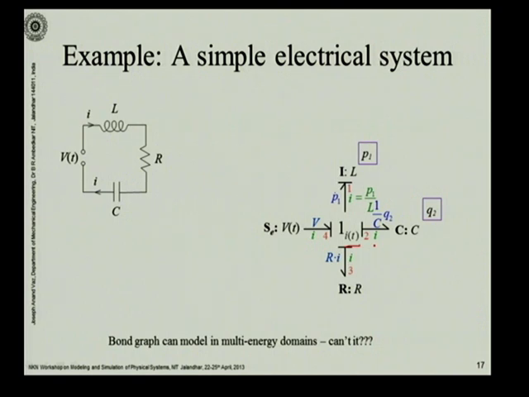It's something like that. So in bond graph also, you have the same alphabet, you have the same elements, you have the same power bond, and you are able to model in different energy domains. We have just taken representative examples of the mechanical domain and the electrical domain in this case.